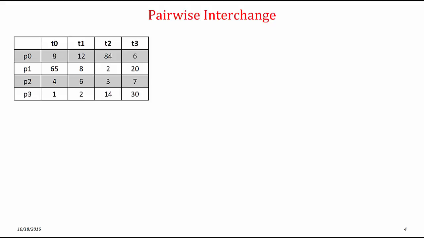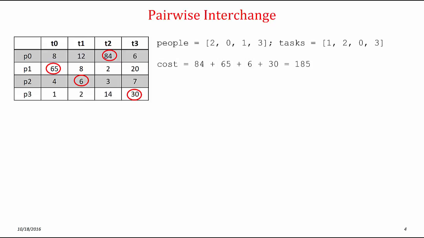And pairwise interchange is an improvement process where I start with a given solution. So for example, you can see here that I have task 2 assigned to person 0, task 0 assigned to person 1, task 1 assigned to person 2, and task 3 assigned to person 3. And so in our solution representation, we can see we have people equal to 2, 0, 1, 3, and we could do the same thing with tasks.